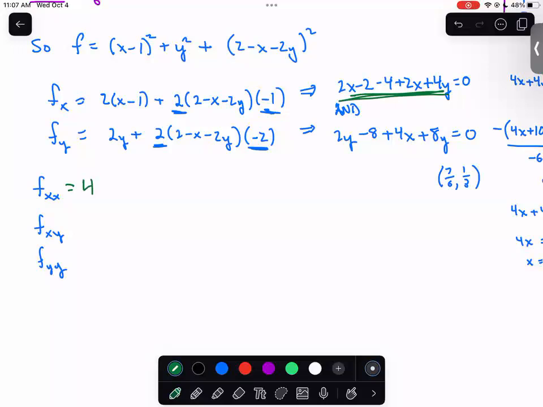If I was to instead take a partial derivative with respect to y to get my mixed partials here, again, there's just a 4y here. So that's also going to be 4. And then finally, if I was to look at my y partial derivative and take another derivative with respect to y, that would be 10.